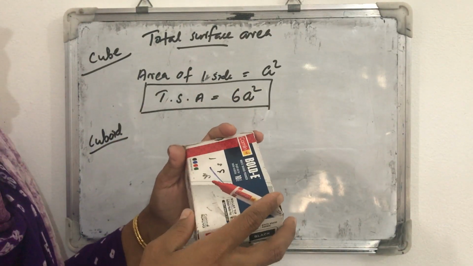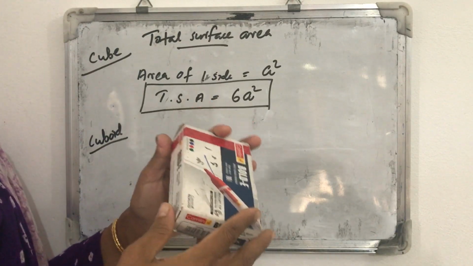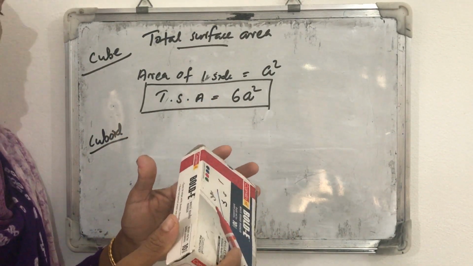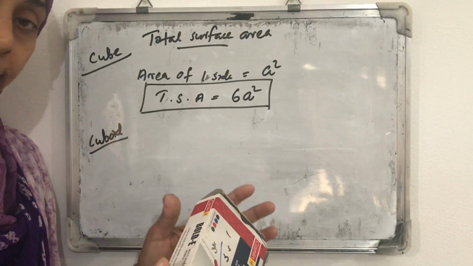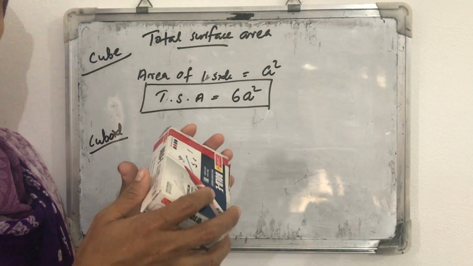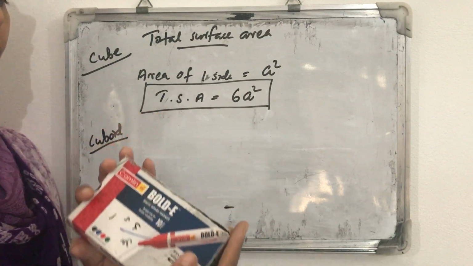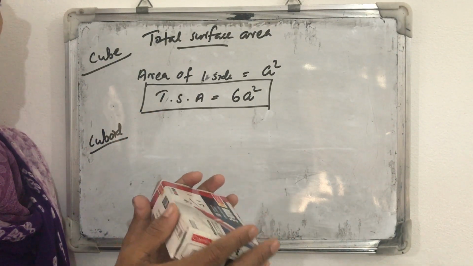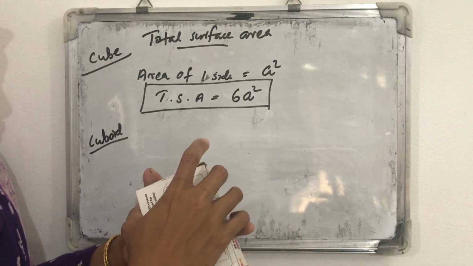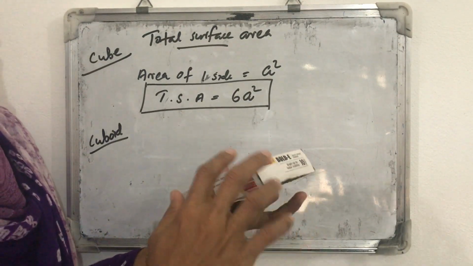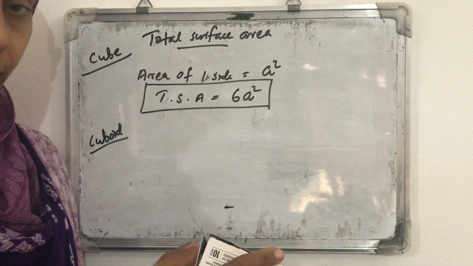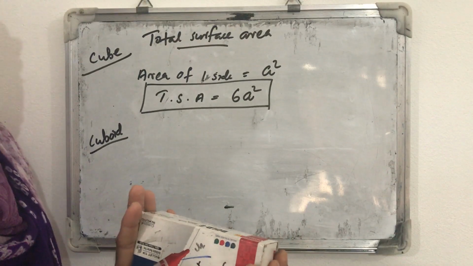Now in this case also, how many total faces are there, how many rectangles are here? In the case of a cube all sides are squares, but in the case of a cuboid all sides are rectangles. To find the total surface area of this cuboid, we want to find the area of each rectangle and take their sum.